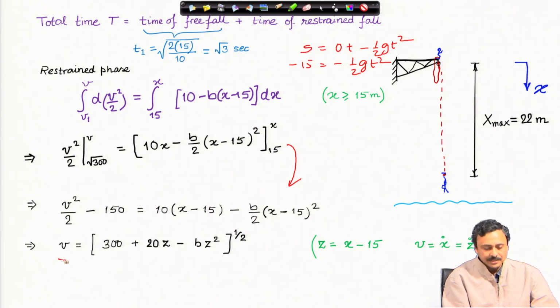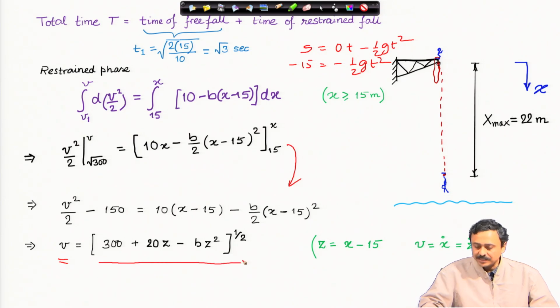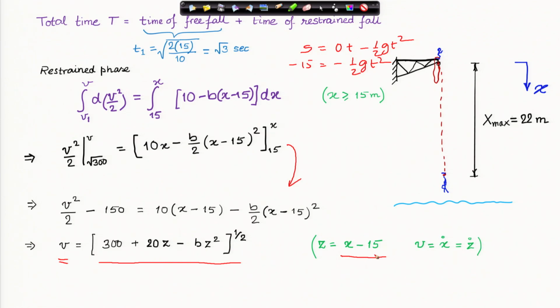Finally, what I have is this velocity in this form, where I am making a redefinition, z is x minus 15, and if you differentiate this expression, z dot is x dot, which is v. Therefore, my v is actually z dot. So, v is nothing but z dot.